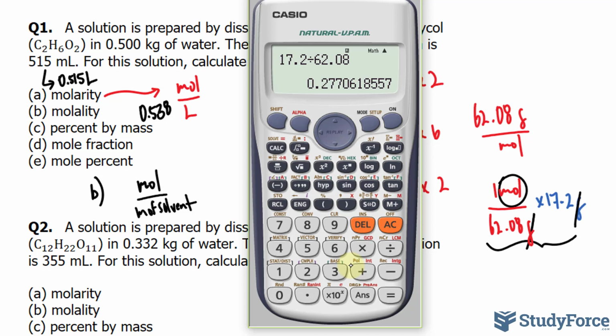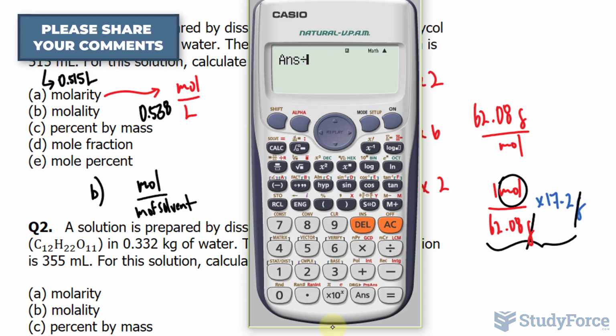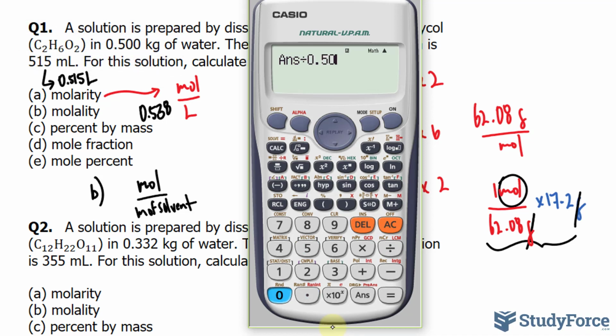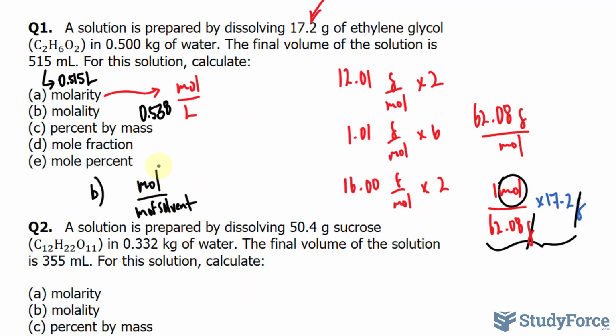You should end up with a number that looks like this, and we'll divide this by the amount of kilograms, which is 0.500, and we get 0.554 moles per kilogram. And for short, rather than writing moles per kilogram, you can simply write a small letter m, and rather than this, you can write a capital M.